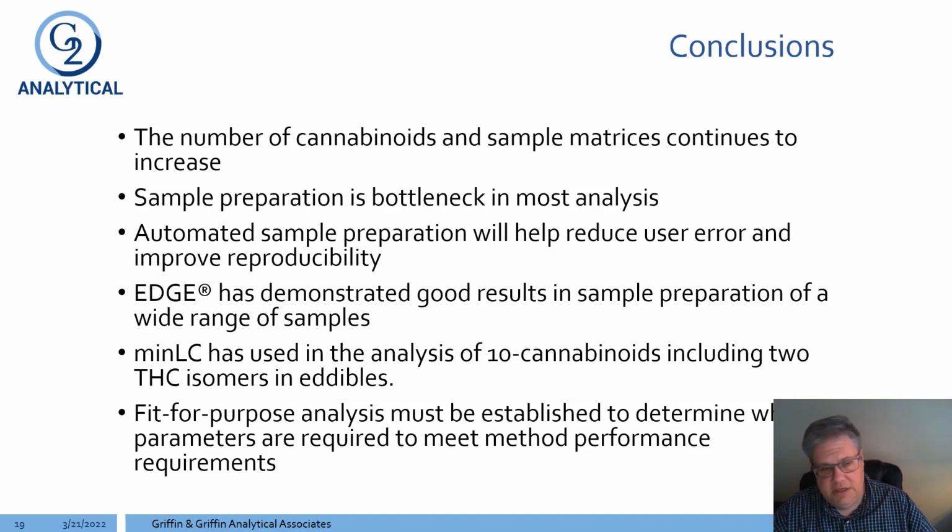I think the Mini LC demonstrated that it can easily run our 10 cannabinoid method, which gives you 10 cannabinoids in about nine and a half, 10 minutes. And that includes the two THC isomers that we were talking about today, which is the Delta 9 and Delta 8 THC. But again, I want to come back to the fact that fit for purpose is really the key to any of this method development and validation.